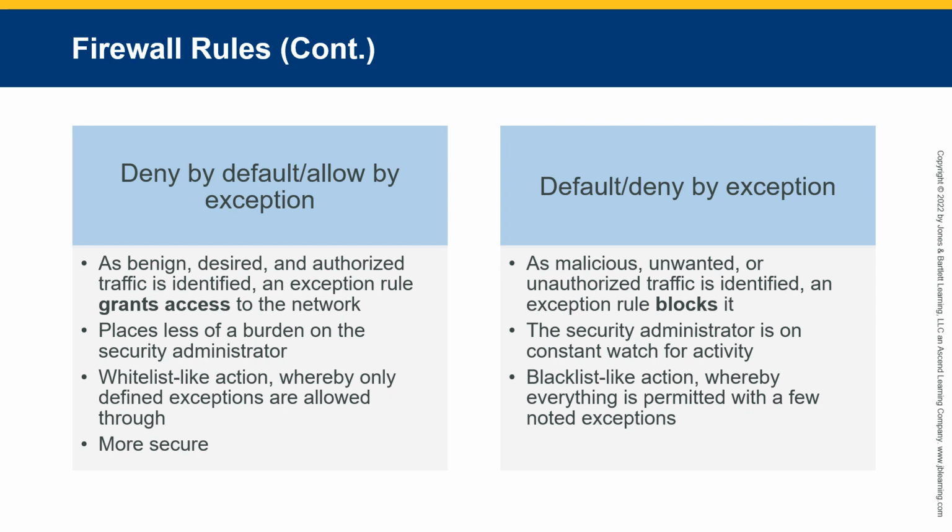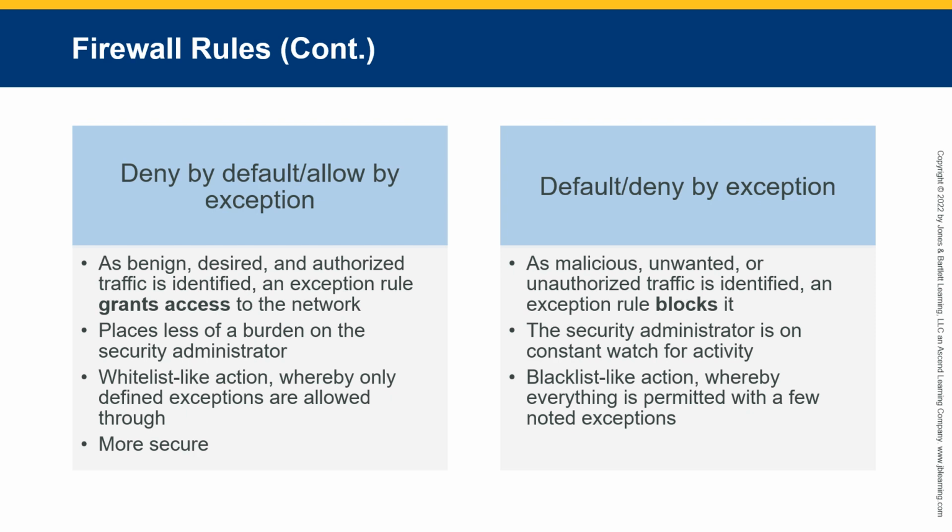Here it says the benign, desired, authorized traffic is identified, and the exceptional grants access to the network. So at the bottom you have the default rule. Every rule you add above it can be an allow rule. You cannot have any allow rules listed below the deny by default rule.